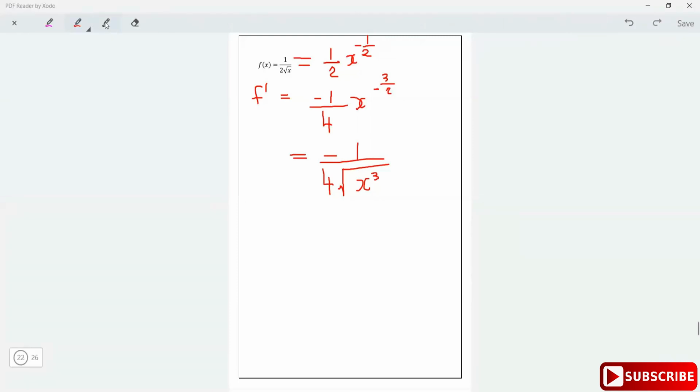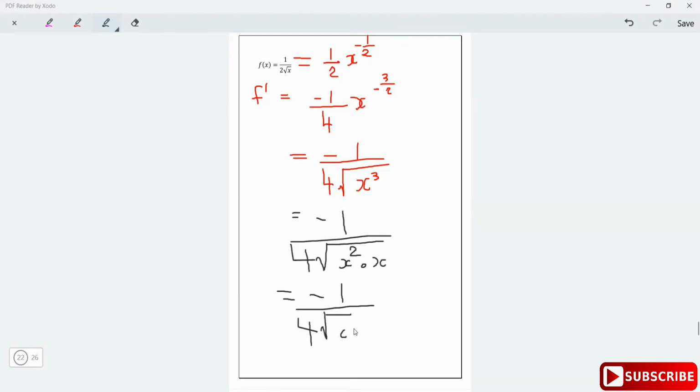But no worries. Remember, this x cubed can be broken up. Instead of saying x cubed, we can write it as the square root of x squared times x. So we get minus 1 over 4 times the square root of x squared times the square root of x, and the square root of x squared is x.